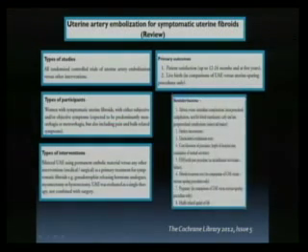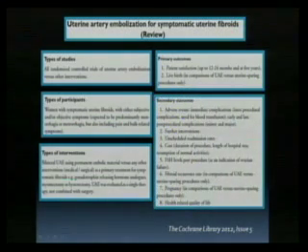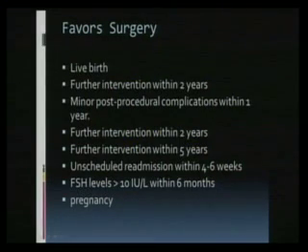These are the secondary outcomes. We will not go over them; we will look at them in the results. So what favors surgery based on the meta-analysis? We don't have time to look at the forest plot. All of these clinical outcomes favor surgery: live birth, less further intervention within 2 years, less minor complications within 1 year, less further need for intervention within 2 years and within 5 years, and less unscheduled readmission within 4 to 6 weeks of follow-up.